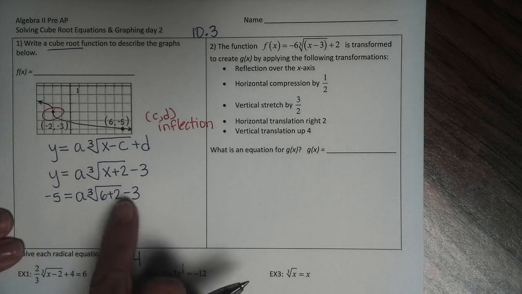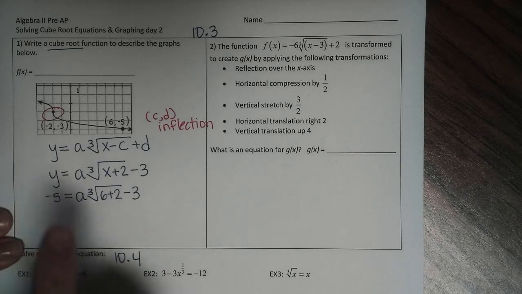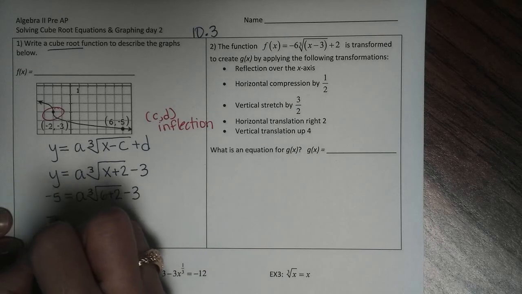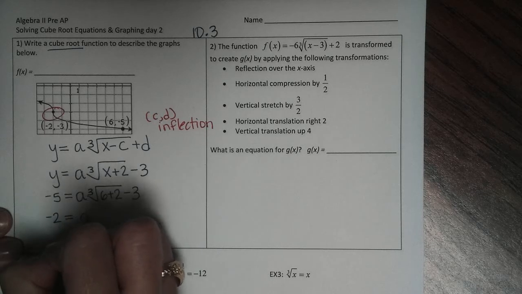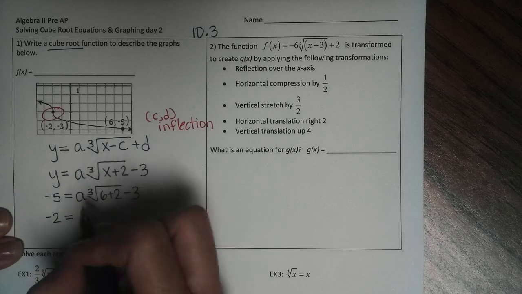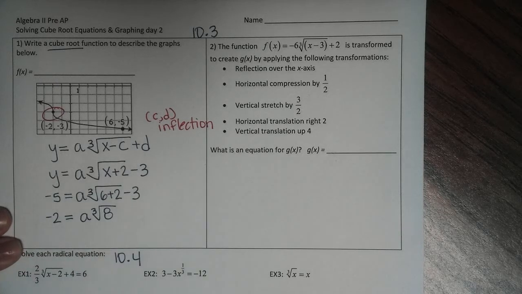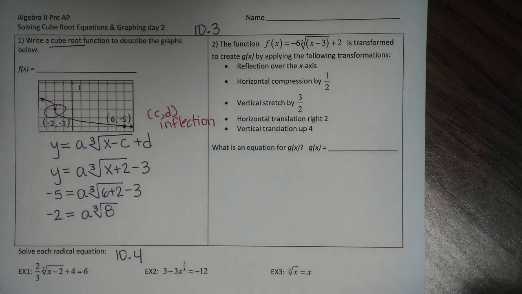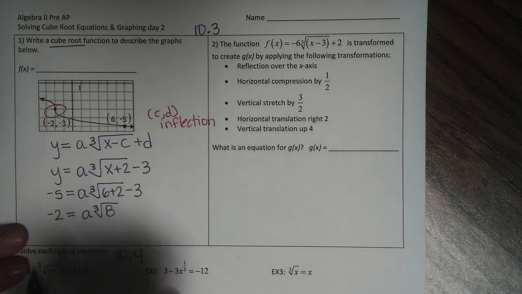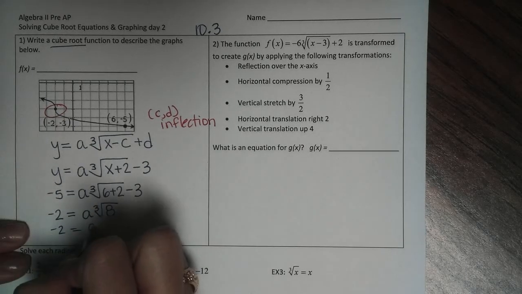So I'm going to add 3. -5 plus 3 is -2. The cube root of 6 plus 2, which is 8, is 2. So I can just write down -2 equals a times 2.